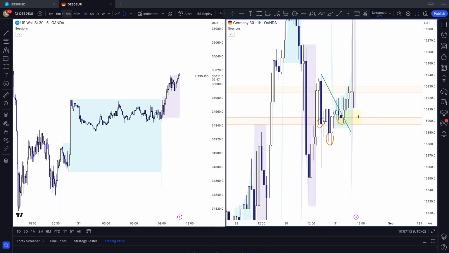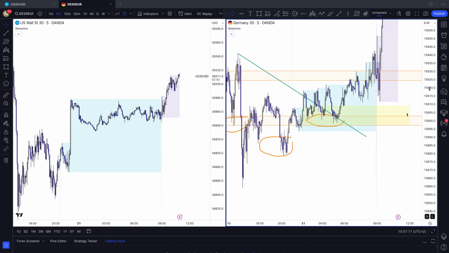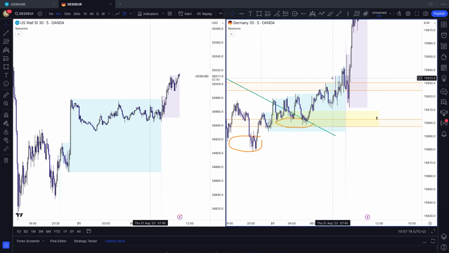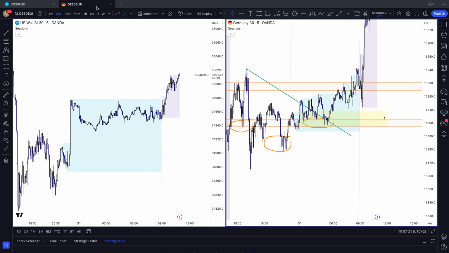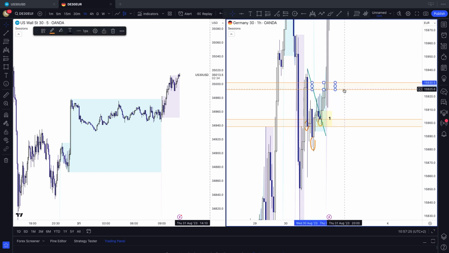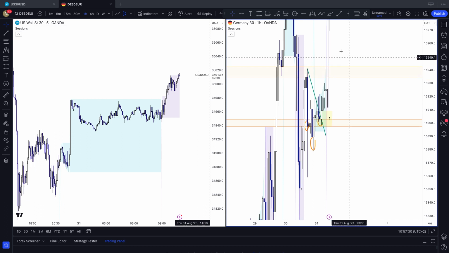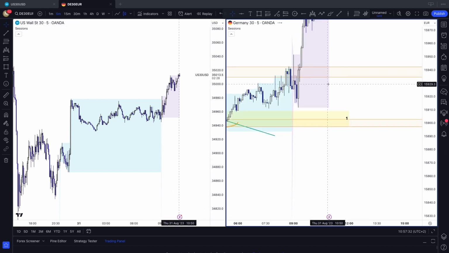Now jumping onto the 5-minute, I'll show you why I took this trade. What I was seeing is that we had at this resistance level, sorry, just quickly go back to the 1-hour. In fact, that's the resistance which I had, my bad. That was the resistance right here. So what I saw on the 1-hour was this.